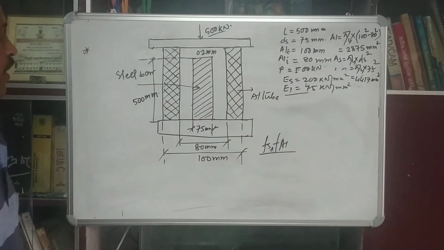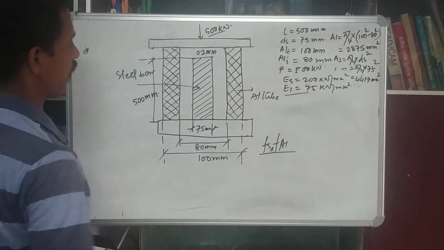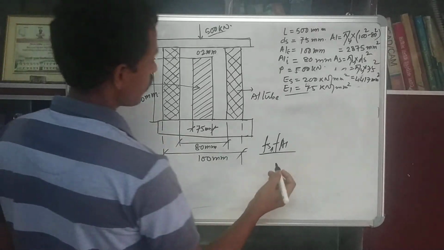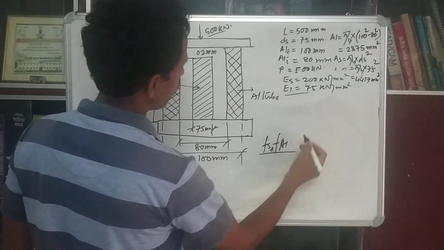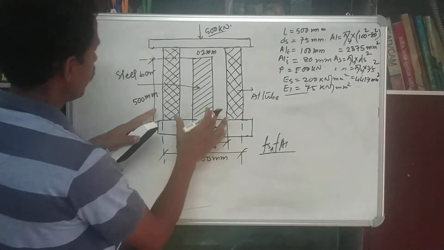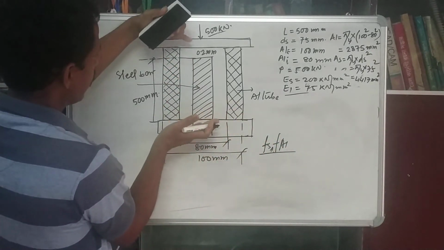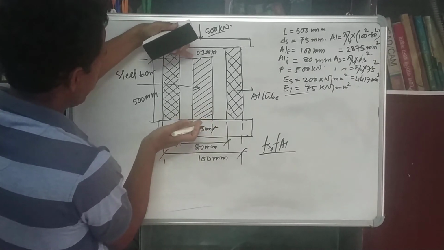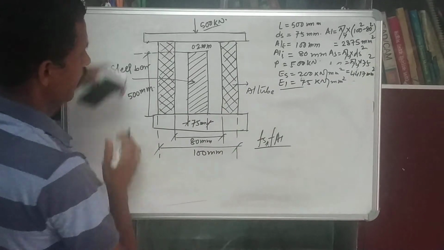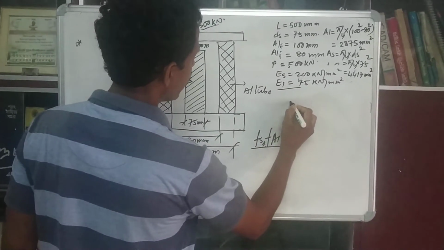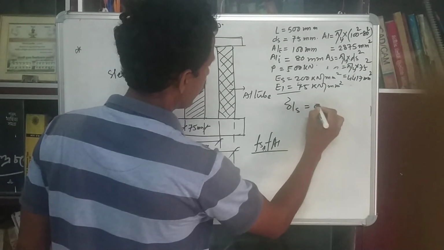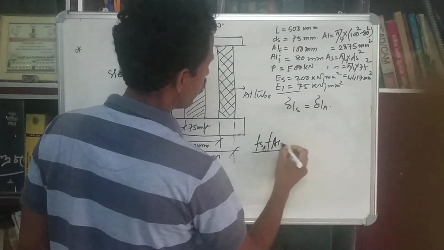Now, as it is a composite bar, after touching the upper end, the elongation of both bars remains the same. That means del L S is equal to del L aluminum.